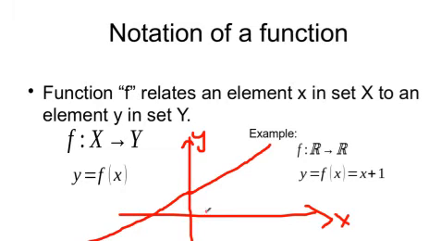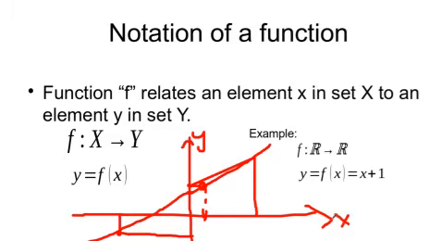What does this mean? Each x has a unique y here, only one y. Take any point, and this point has a unique y and unique x, right?